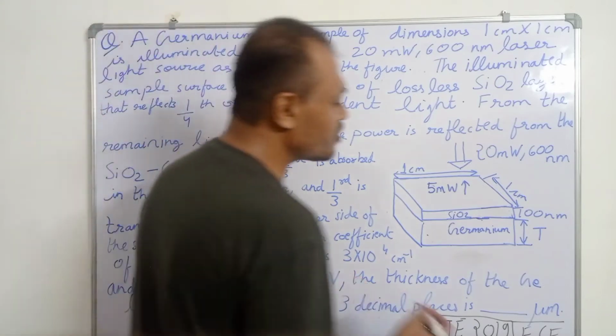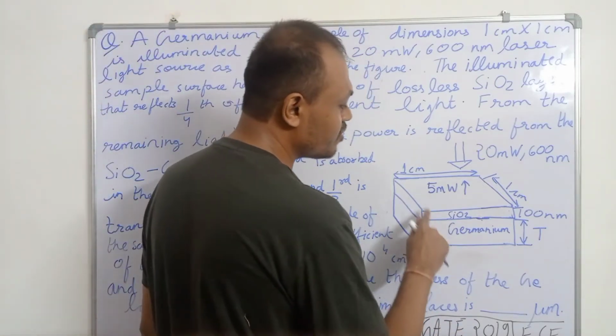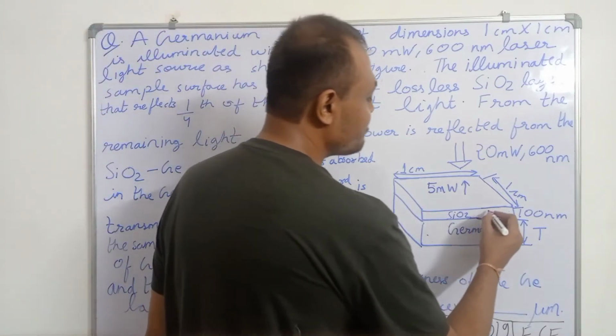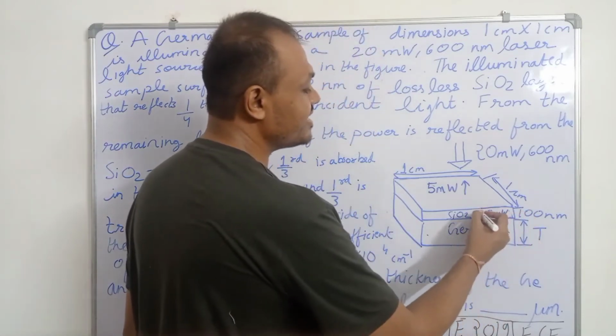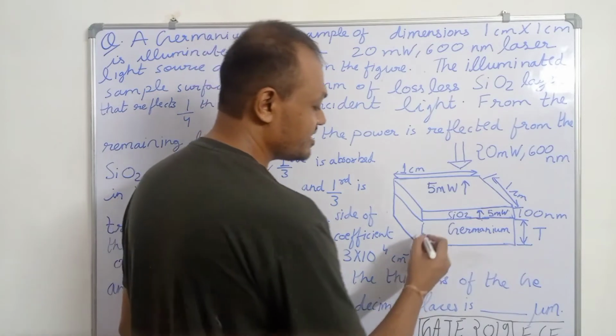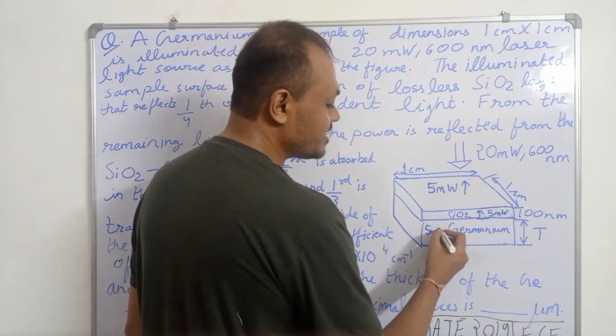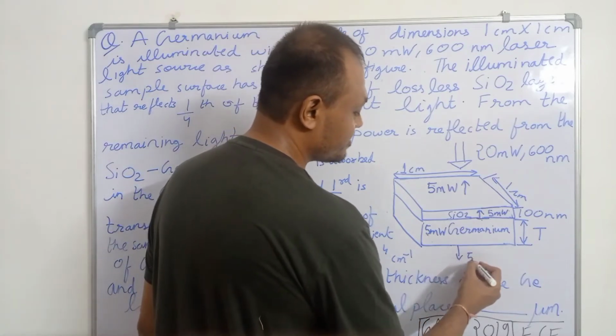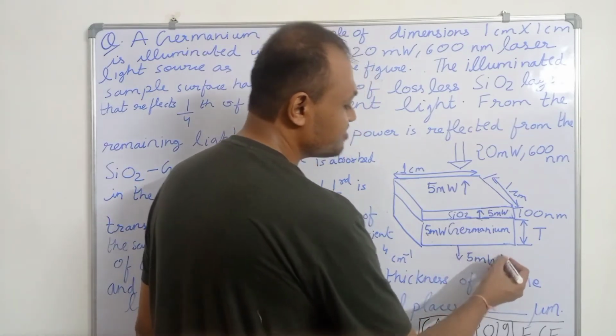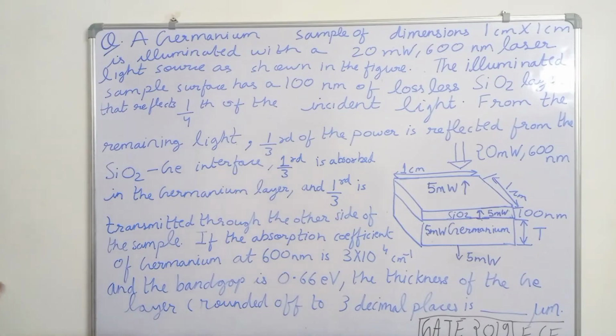So out of those 15 milliwatt, 5 milliwatt, 1/3, is reflected by this SiO2 germanium interface. Then 5 milliwatt is absorbed in this germanium layer and 5 milliwatt is transmitted through the other side of the sample. Okay.